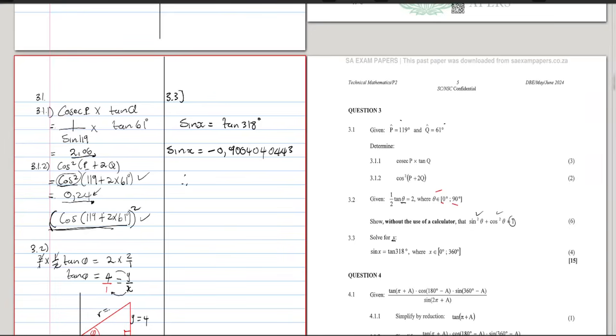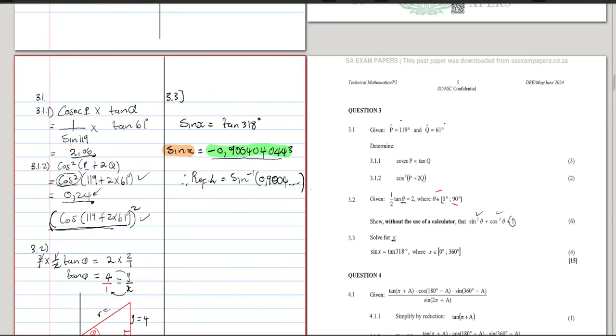And then you now have a trigonometric ratio equal to some value. Then you can only calculate your reference angle this time. Okay, so therefore you're gonna say arc sine of this whole thing without the negative sign, of course. So it's gonna be 0.9004, so on and so forth.